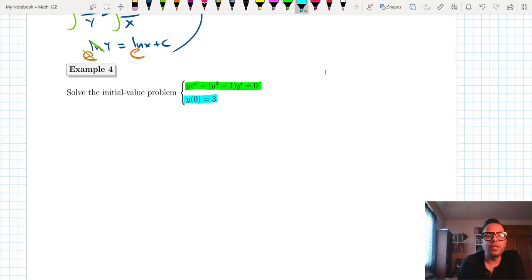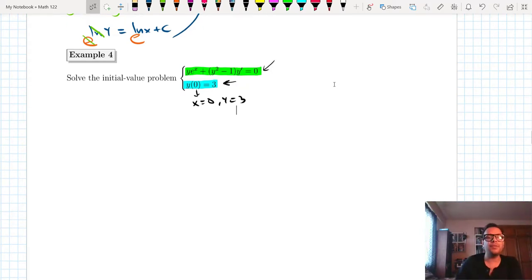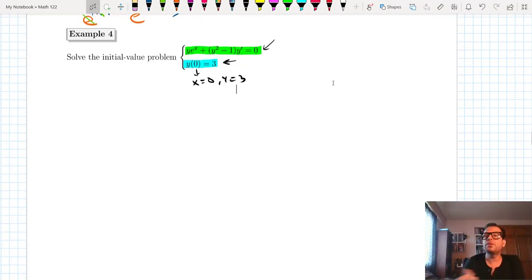So now we are going to find a general solution first for this equation, and then the specific member of the family of functions that passes through the point x equals 0, y equals 3. That's what this means. Okay, so let's solve the equation first, and then we find a particular solution to it.